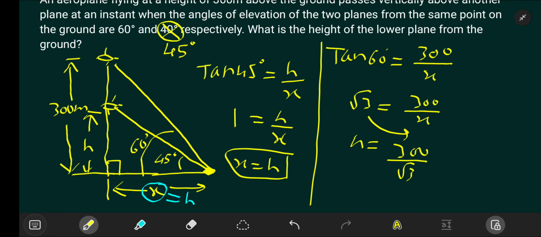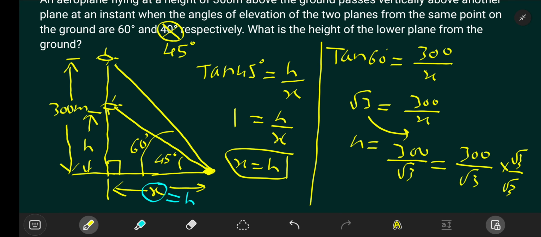In the previous problem we have seen this type of answer. When we get this type of answer, if it is there in the options, that is okay. If it is not there, then we multiply and divide with root 3.